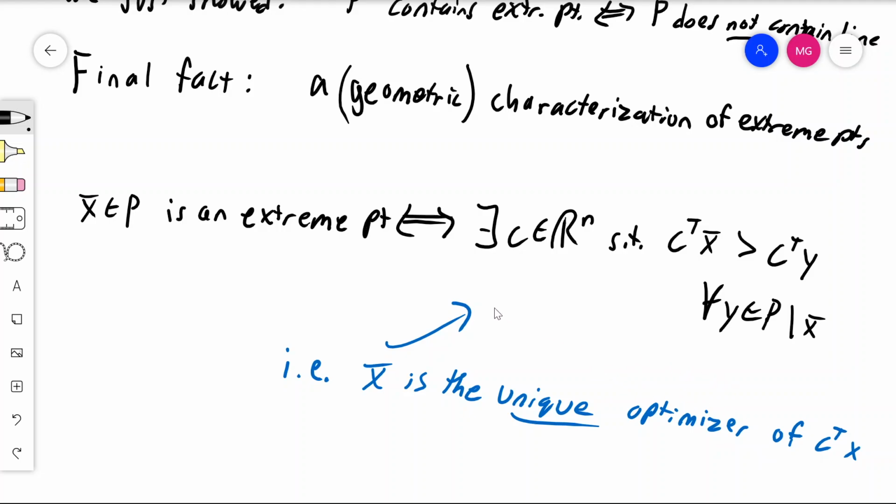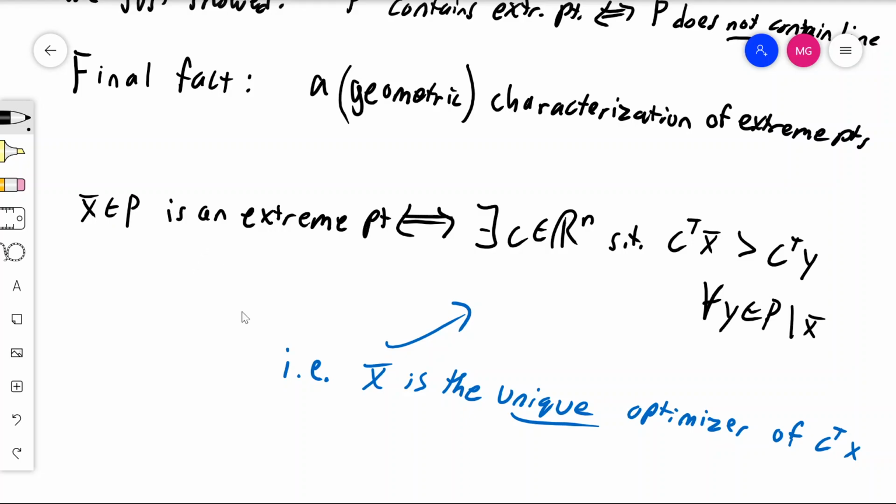Imagine we have the polyhedron P. That means that there is some linear program with this polyhedron as the feasible region, and that linear program has some objective function c transpose x where there is only one optimizer, and it is that point x bar. That's true exactly when x bar is an extreme point.